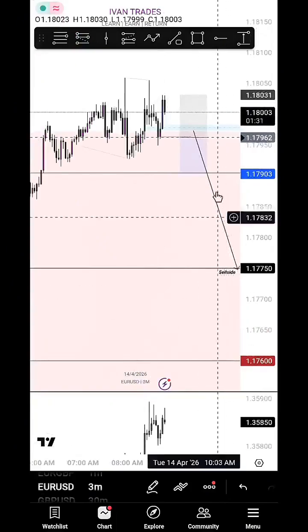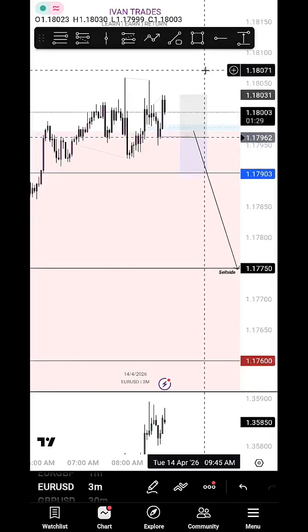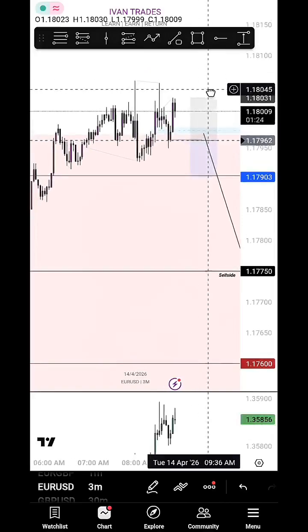But it will still be valid, having a short trade right here with stops above these highs.